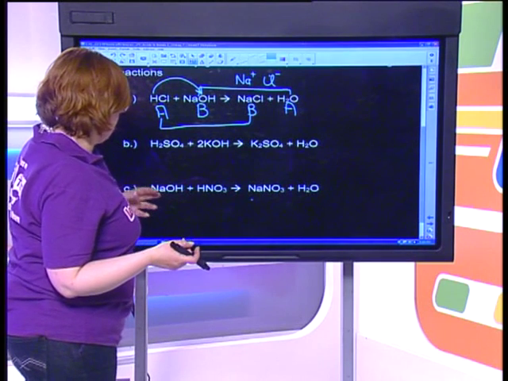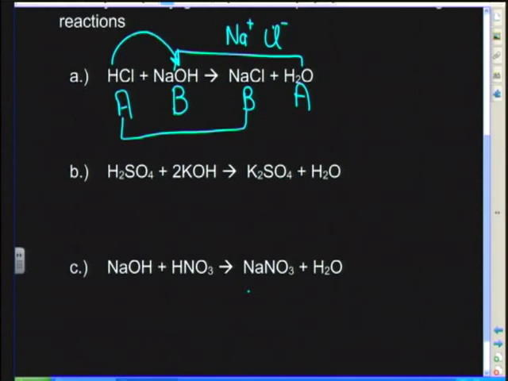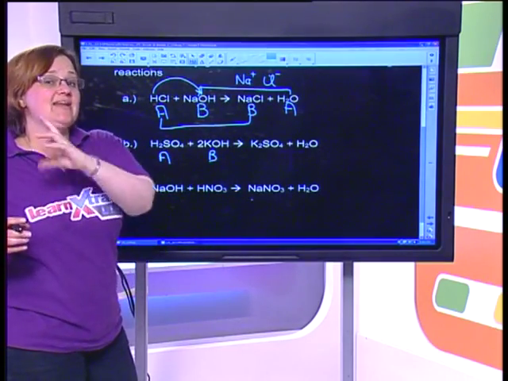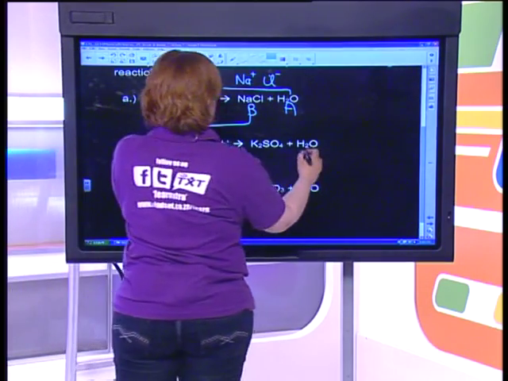Let's look at H2SO4 and KOH. Well, the H2SO4 will give its hydrogen to the potassium hydroxide. So sulfuric acid is the acid, potassium hydroxide is the base. And we know that potassium hydroxide's conjugate acid is water.